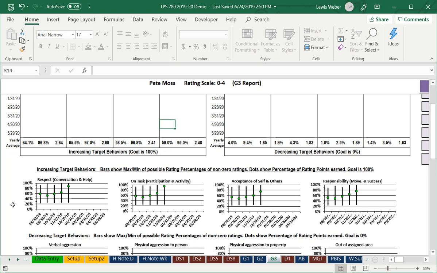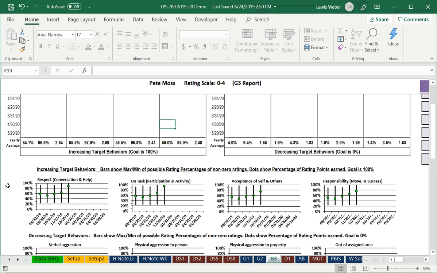So because of those zeros, even if Pete earned fours in all of the other recording blocks, he could never get to 100%, because those zeros would have to be counted in to the percentage. So that's why the bar starts to drop. The bar drops because occurrence moves the bar down as a result of the zeros that Pete has earned.